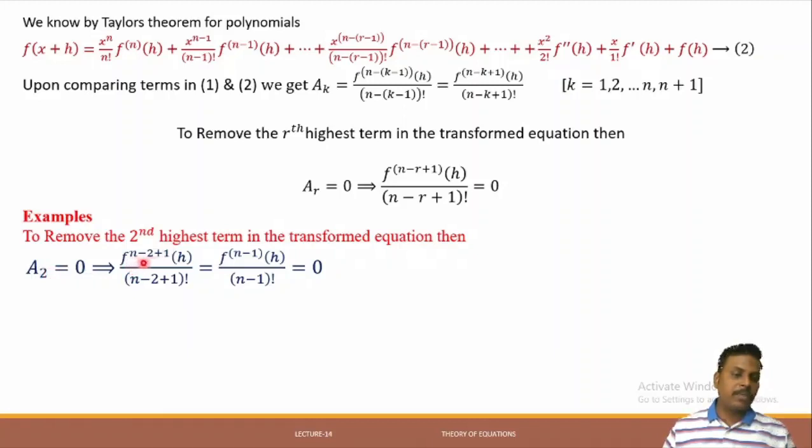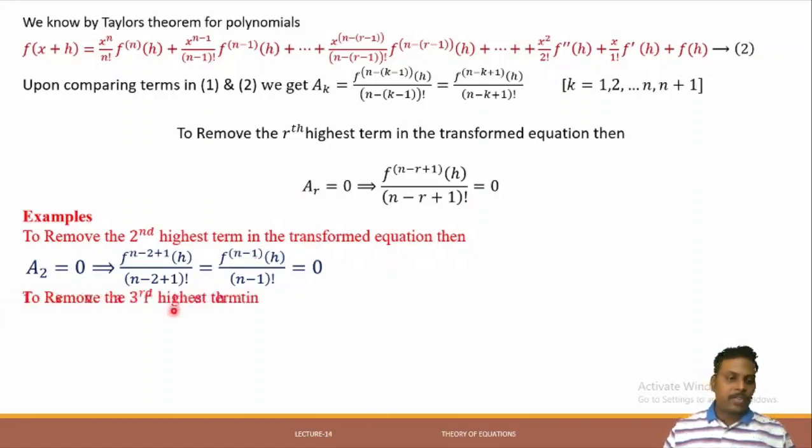That means the n minus 2 plus 1th derivative of f, that is the n minus 1th derivative of f evaluated at h, divided by n minus 1 factorial, is equal to 0. Solving this equation will give h. So if the roots are translated by minus h, then you get the required transformed equation in which the second highest power of x will be 0.